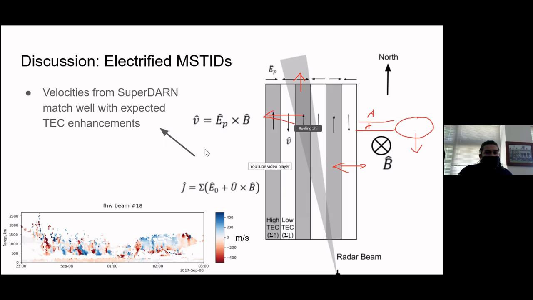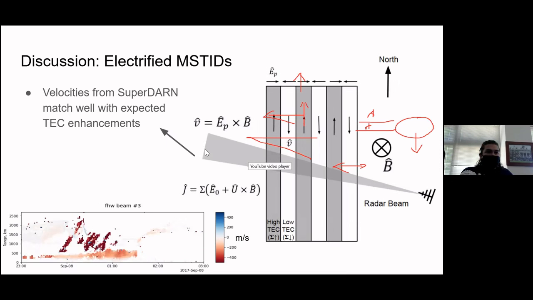Of course, the radar meridian beam has difficulty sensing it since the direction is perpendicular to the radar beam. But some mid-latitude radars have beams more in the azimuth direction, so they should be able to sense something like this, which could be a mechanism associated with what you're talking about here.